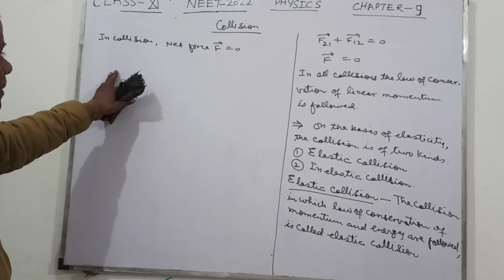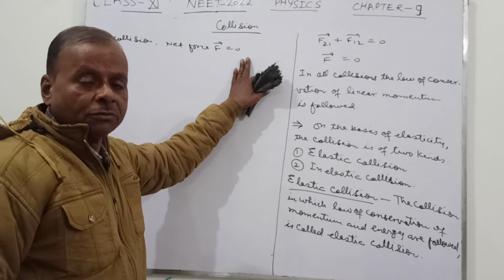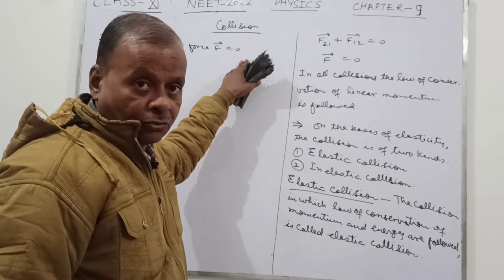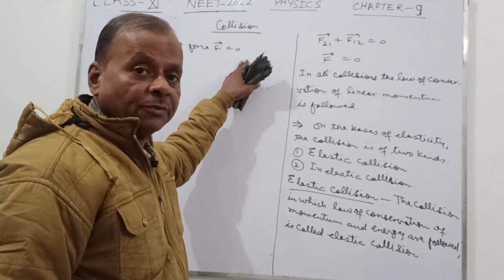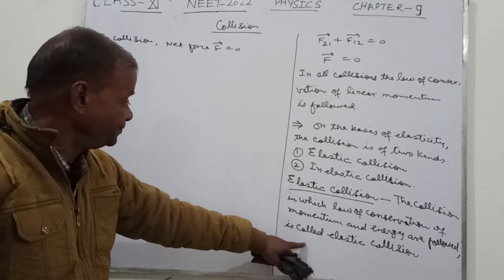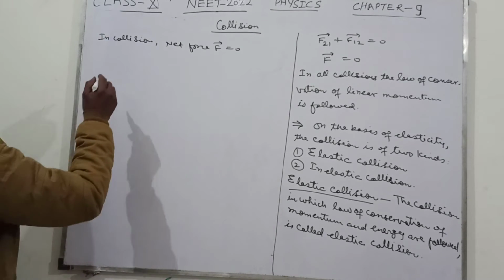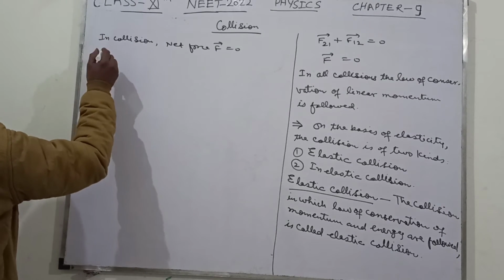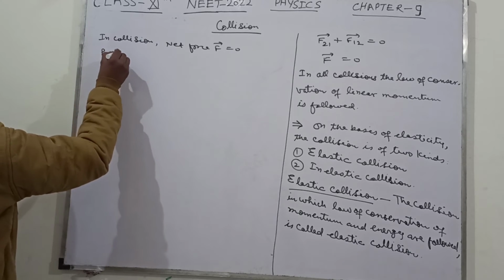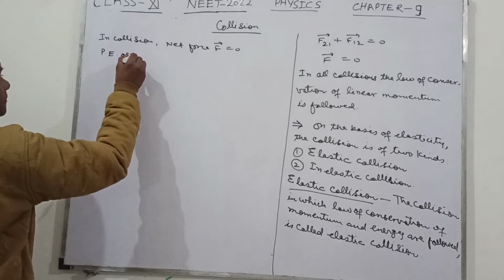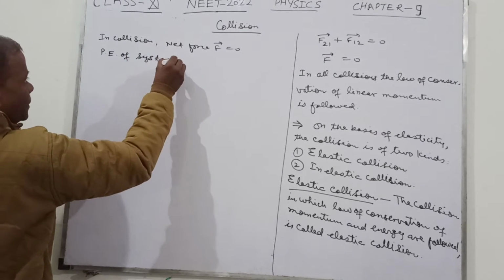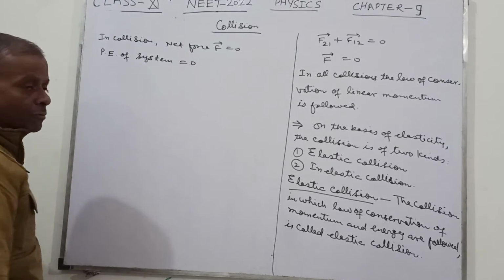It means when F is equal to 0, the bodies are not accelerated, so they move with some uniform velocity. With F equal to 0, the potential energy of the system is equal to 0.